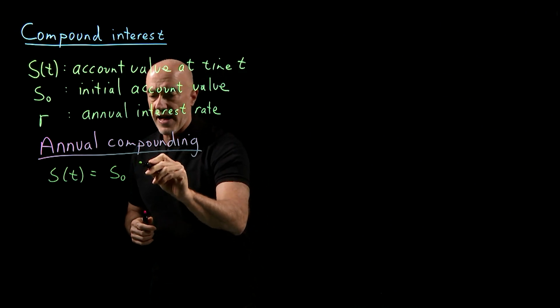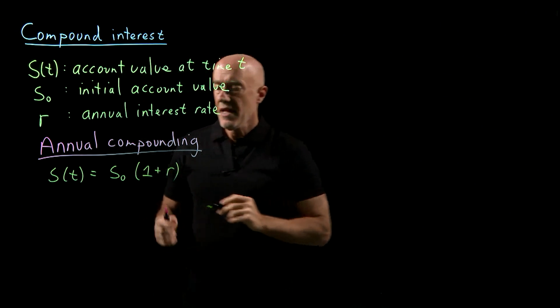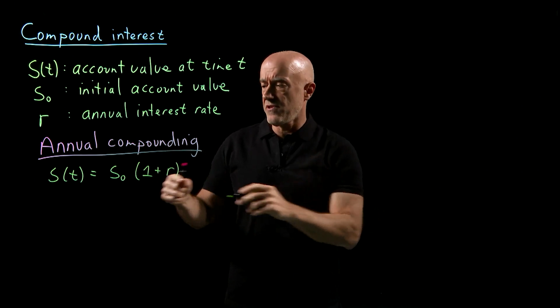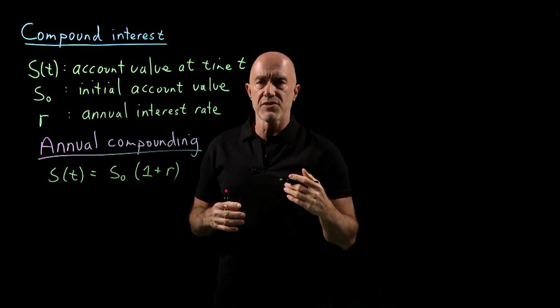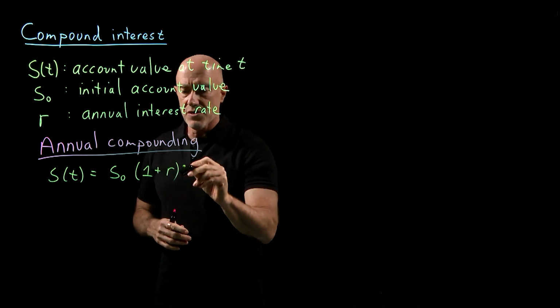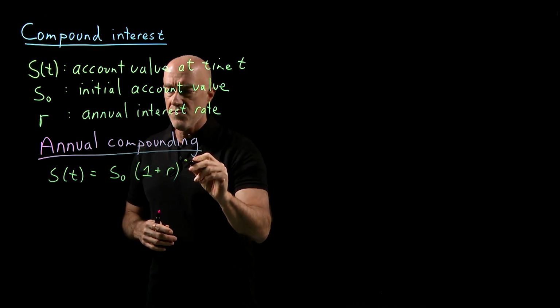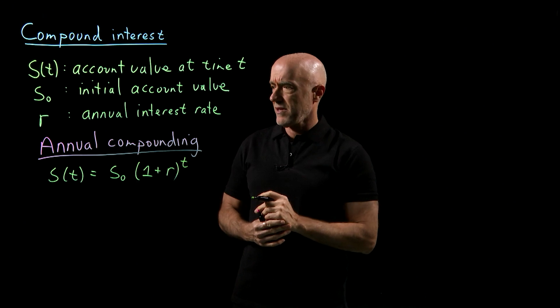So it's the initial value times 1 plus R. And then you earn interest after the first year. After the second year, you multiply again by 1 plus R. After the third year, you would have a 1 plus R cubed. So this would be S naught times 1 plus R raised to the t power, where t is the number of years.